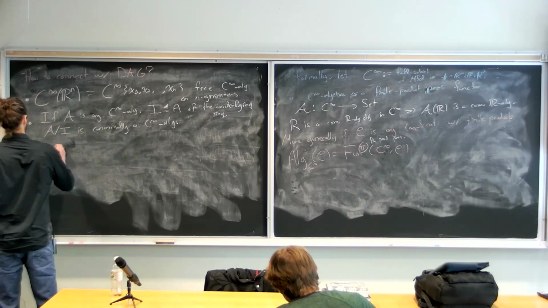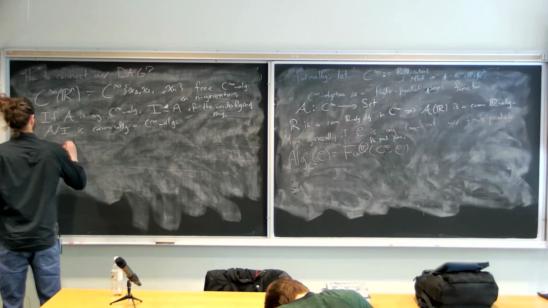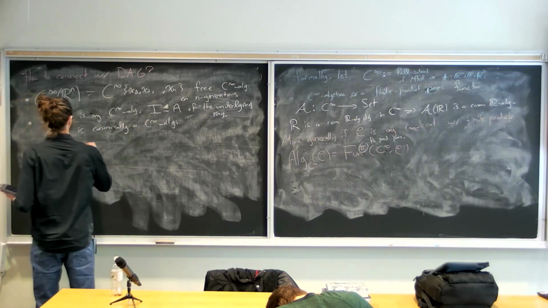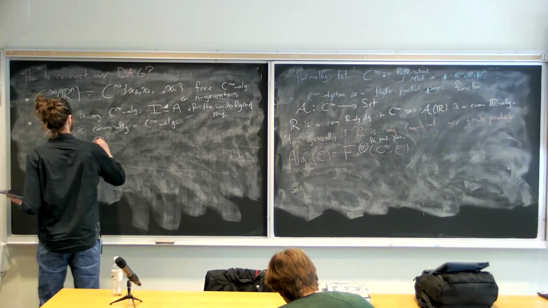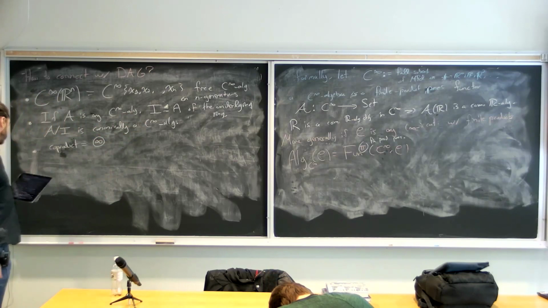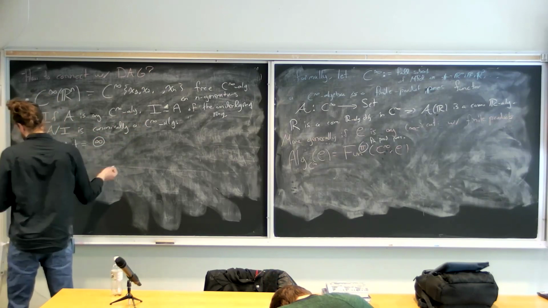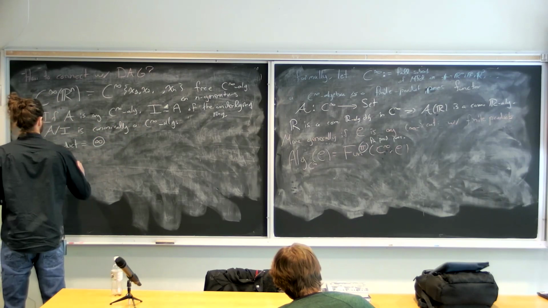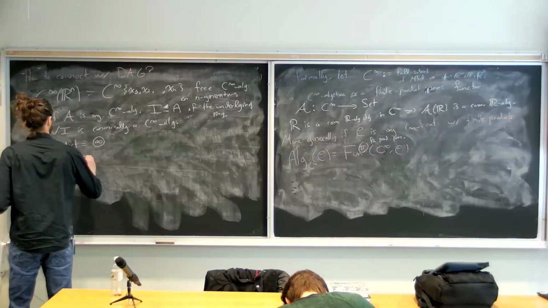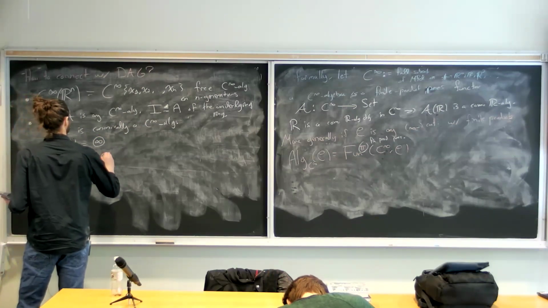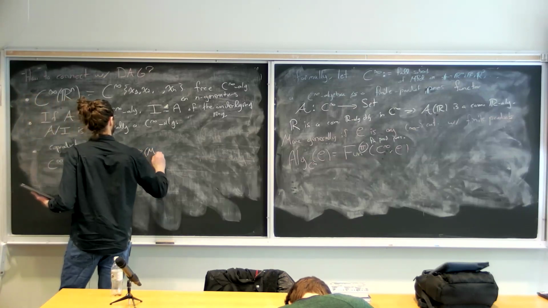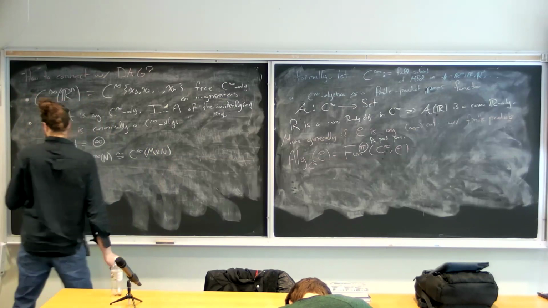And then we write the coproduct. The coproduct in commutative algebra is a tensor product, so we'll suggestively write it like this. This is the coproduct of C infinity algebras, and it satisfies that smooth functions on a manifold, coproduct with smooth functions on another manifold, is isomorphic to smooth functions on the product.